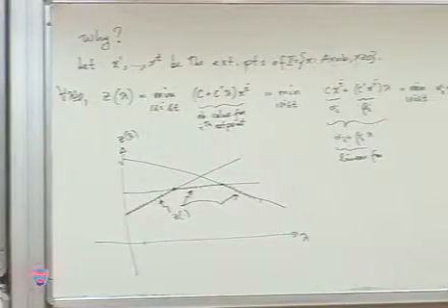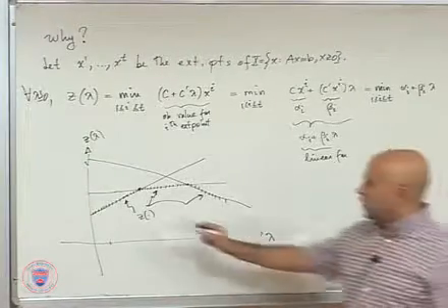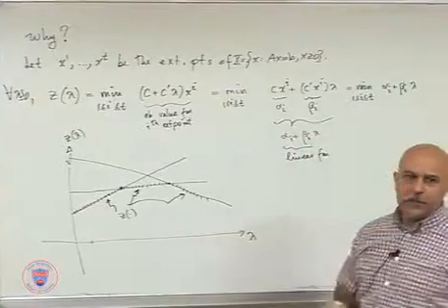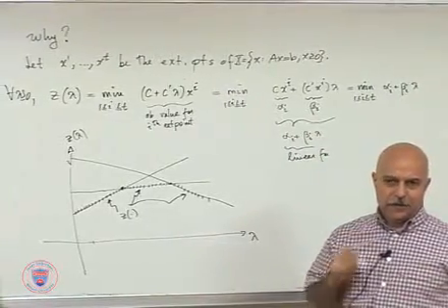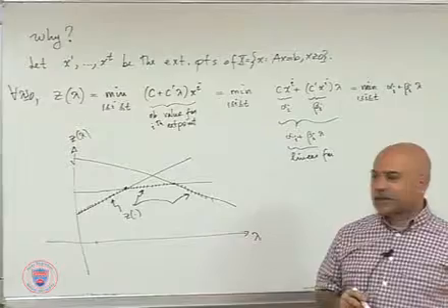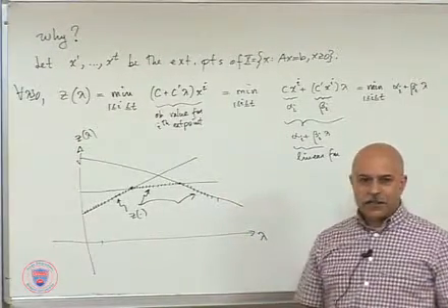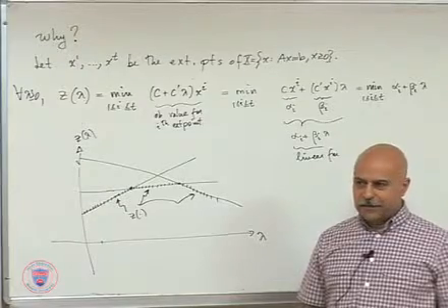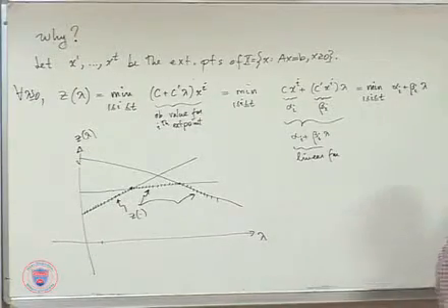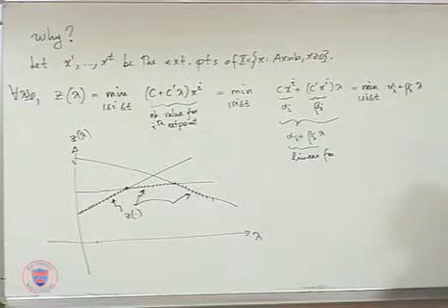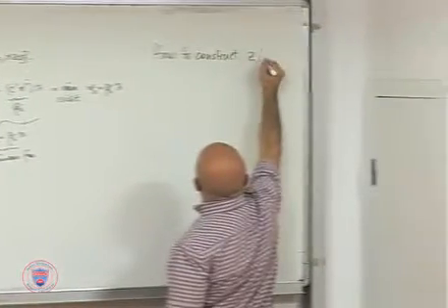Now, how do I compute this piecewise linear curve without having to enumerate all of these extreme points? Knowing something is piecewise linear is fine, but knowing how to construct it is something else. So, how to construct z?